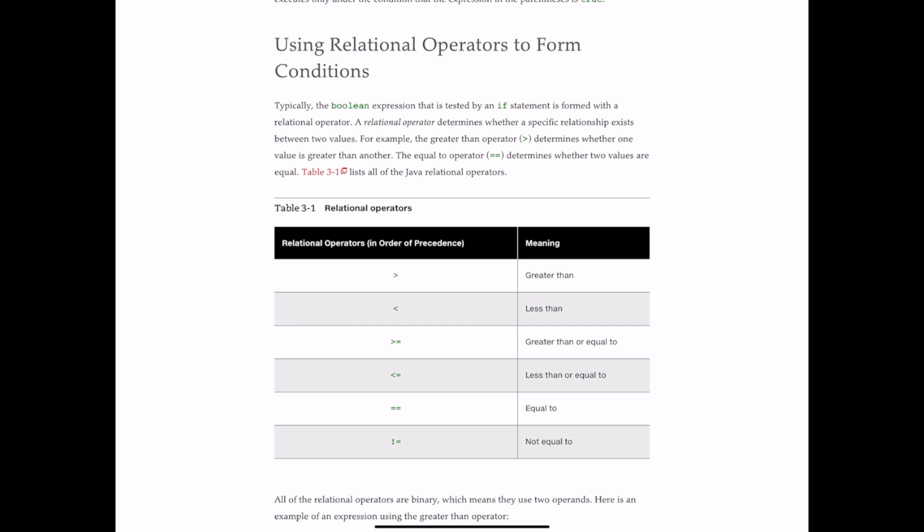Greater than 50,000, is the number 50,000 included in that statement? No, the number 50,000 is not included in that statement. So if I said everybody with an income up to and including 50,000, I could not use the greater than or the less than. I would actually have to use the less than or equal to.